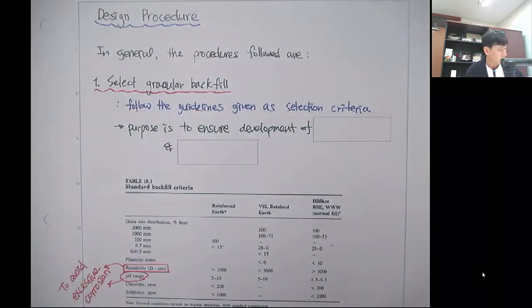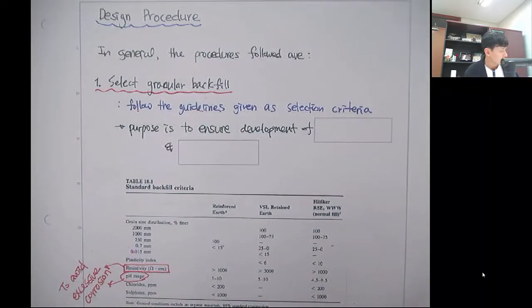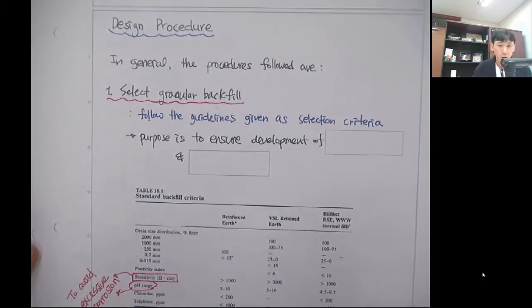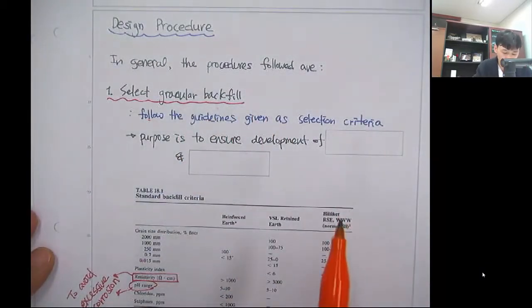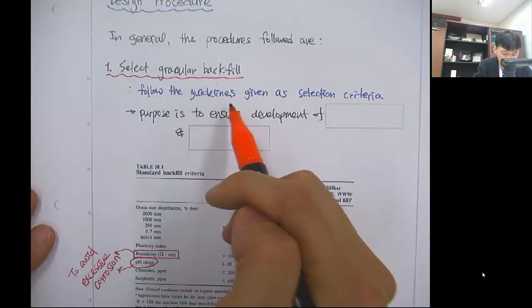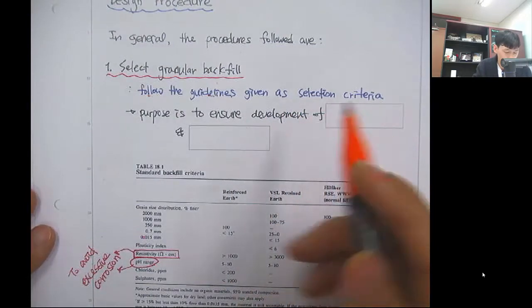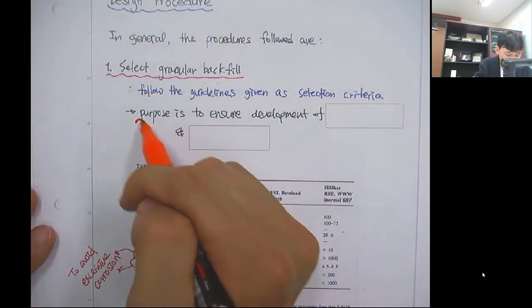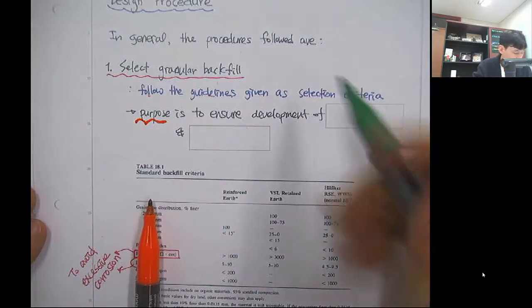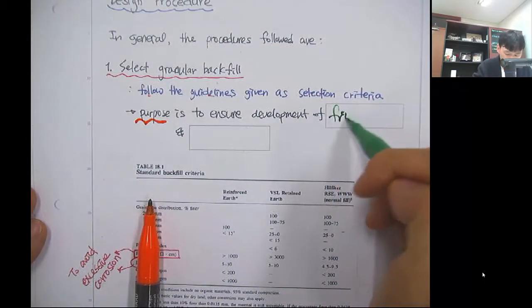So the first procedure is to select the granular backfill material, and it follows the guideline given as selection criteria, and the primary purpose is to ensure the development of the friction.